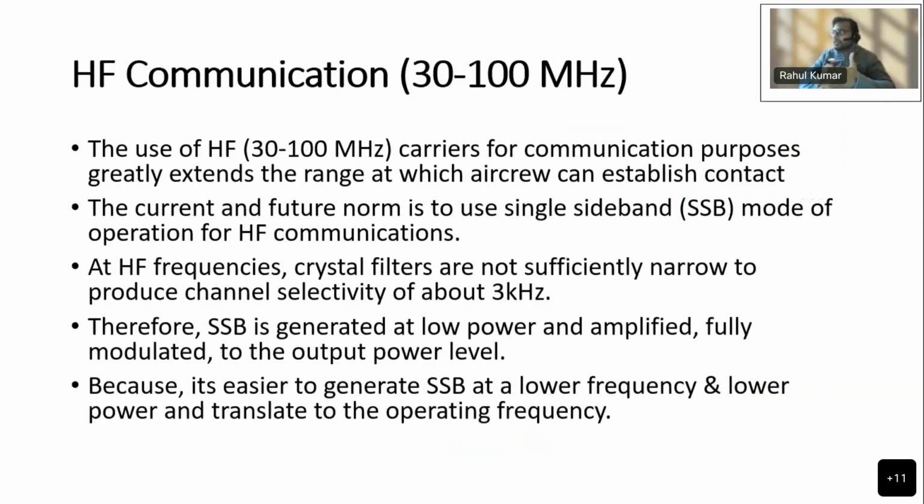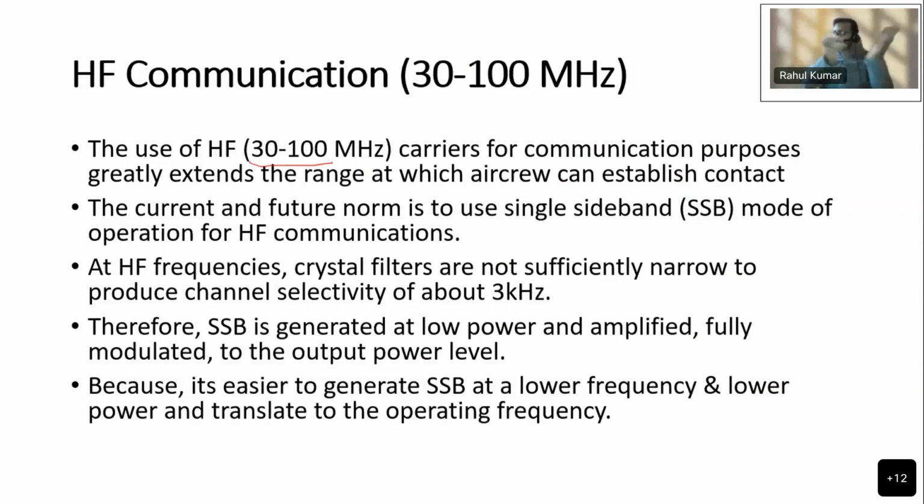Now let us discuss the HF communication system. Again, we will discuss the transmitter and the receiver. Okay. So the high frequency or HF communication, in the frequency range of 30 to 100 megahertz, provides redundancy and extends the range of frequencies over which the pilots can communicate.